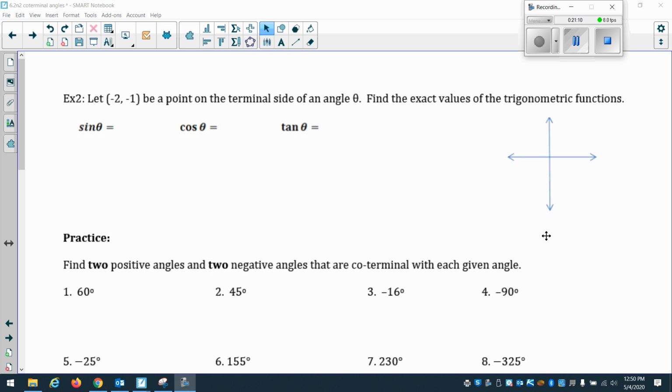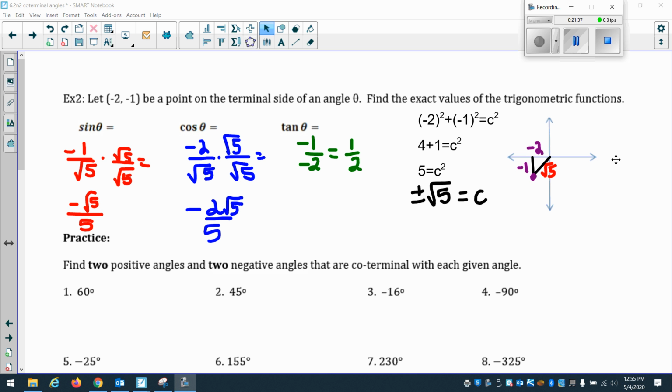So -2, -1 would be in what quadrant? They're both negative, so -2, -1 would be in quadrant 3. So go ahead and draw your triangle, okay, find your hypotenuse, then calculate your trig ratios. So pause the video and we'll check the answers shortly.